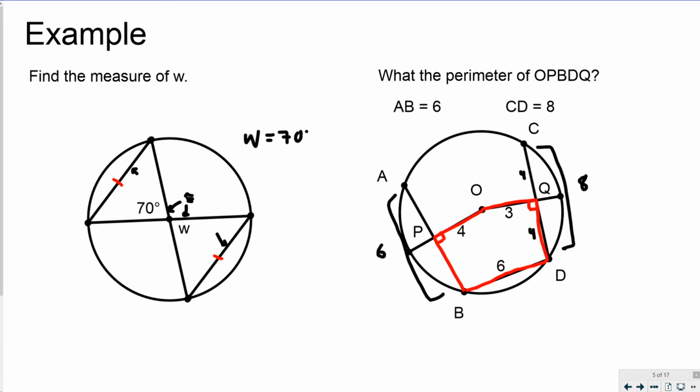This would be 6, intersects at a 90-degree angle, so this part would be 3, and this part would be 3. So the perimeter of this shape would be 3 plus 4 plus 3 plus 4 plus 6. So I have a total of 7, 14, 20 units as my perimeter.